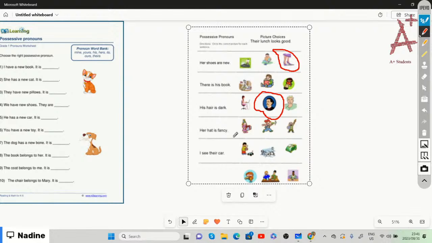Which means that we are referring to a hat, right? And we say this is hers. And then we have, I see their car. Car.